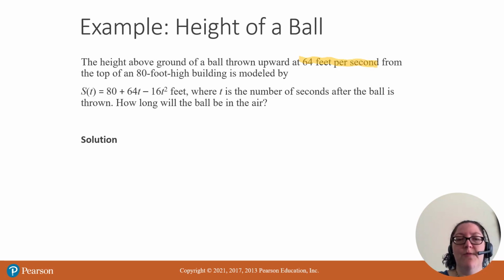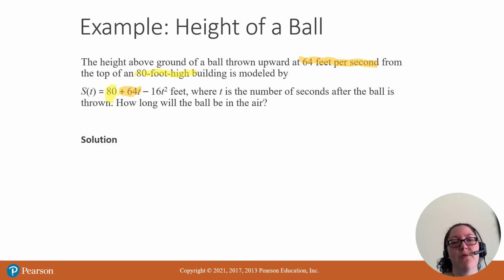So 64 feet per second, that is the velocity. That's going to go right there. I also noticed pretty straight away, it talked about my initial height at 80 feet. So this is actually one of our base formulas. It actually is a formula dealing with height.